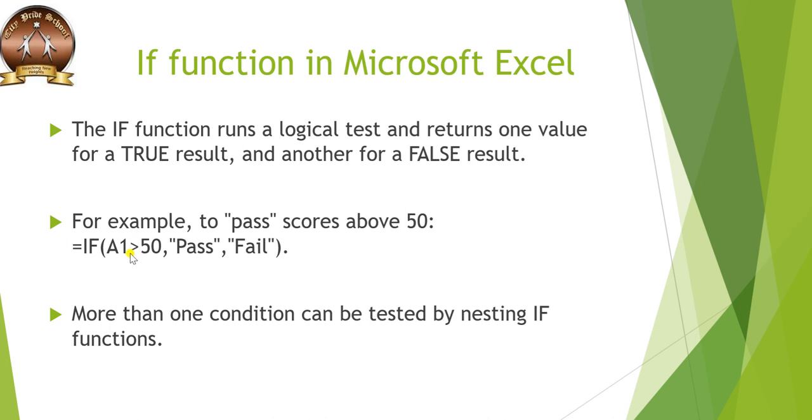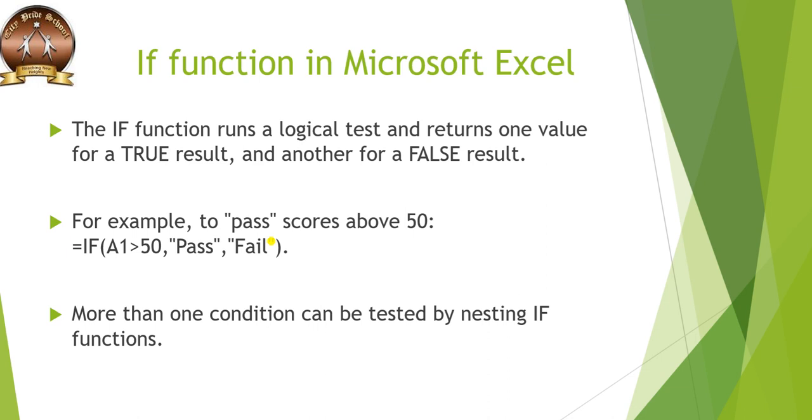If A1 is greater than 50, you have to put a comma and write what is to be the result if this condition is true. So it should be pass. It should be written immediately after the comma, after the condition. Then if this condition is false, you have to write the false result after that and complete the round brackets. Okay. So you can display the result on conditions by using the IF function.